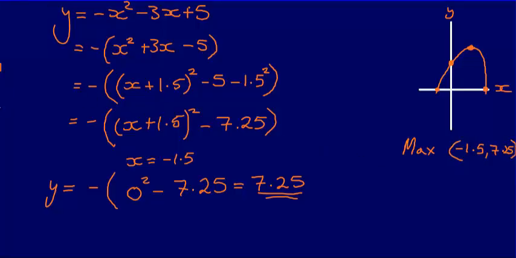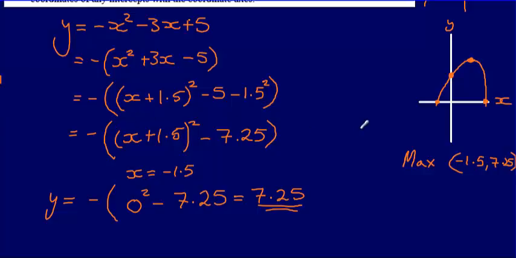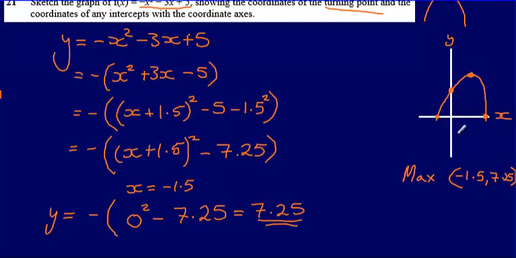Then what I'm going to need to work out is the values of the coordinates which intercept the x and y axis. So in order to do this, I need to think about the fact that these coordinates here are going to be the coordinates when y equals 0.